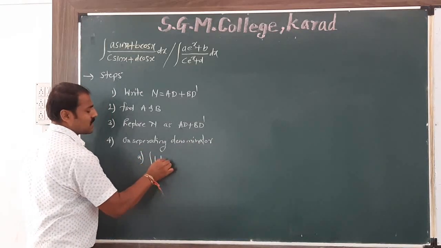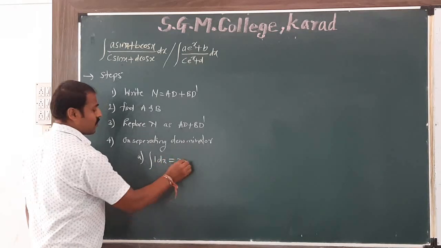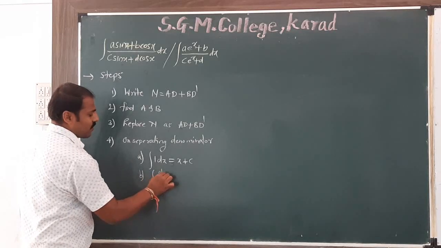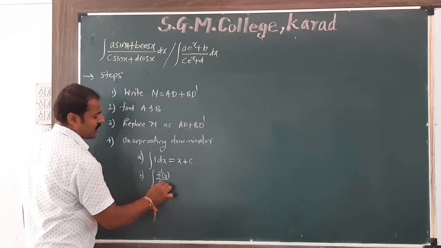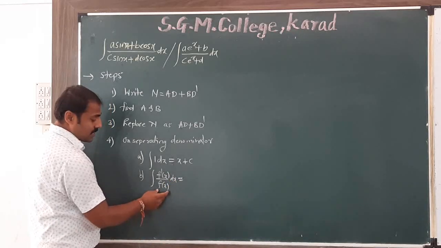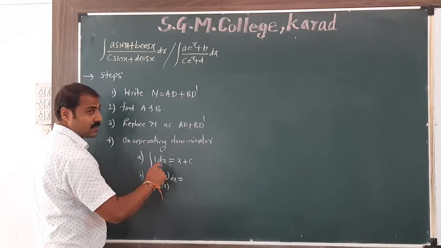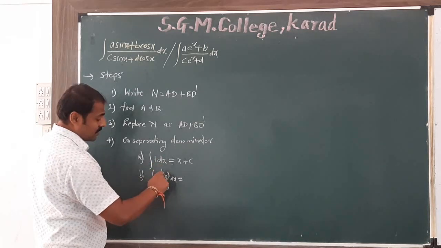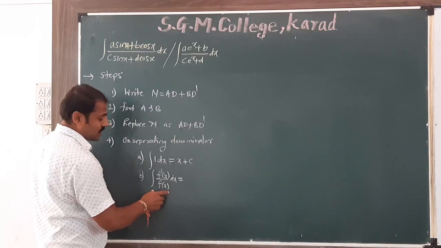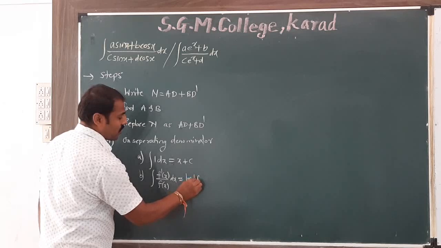First one is integration of 1 dx. Integration of 1 is x plus c, and second is integration of f dash of x divided by f of x dx, which is nothing but, yes, in the denominator there is a function and in the numerator there is the derivative of the denominator. Such a type of integration is solved directly by log of mod of f of x.